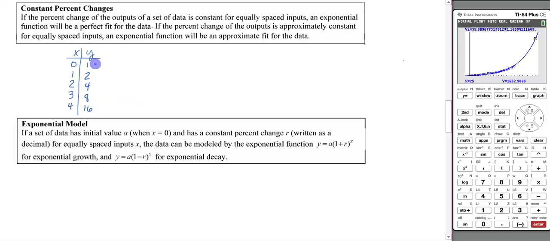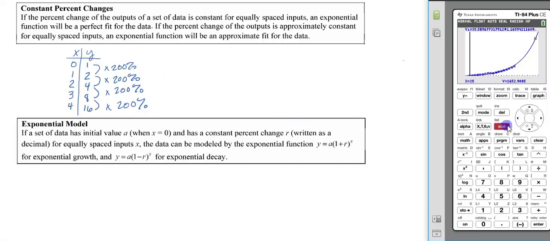So percent change here, this would be times 200%, and going here to here is times 200%. This is times 200%, and from here to here is times 200%. So this would be an exact fit for the data.